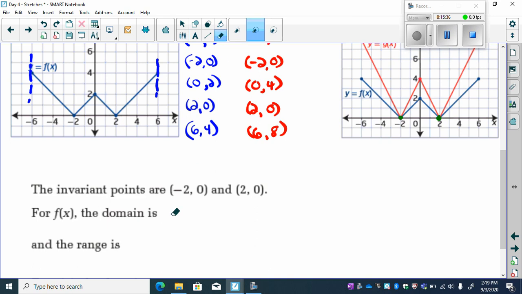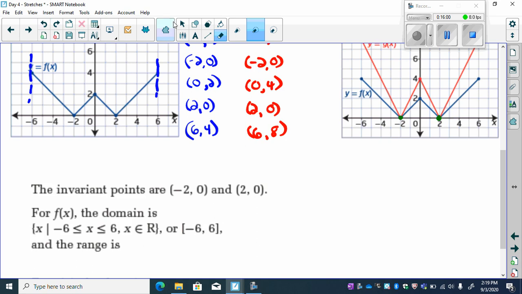X belongs to the real numbers. I think that's what most of you are used to, set notation. Okay? But remember, in interval notation, it's your smaller number, comma, your bigger number. And in this case, since it can equal negative 6 and it can equal positive 6, you would use square brackets. So it would look like this, negative 6 comma 6 in square brackets.